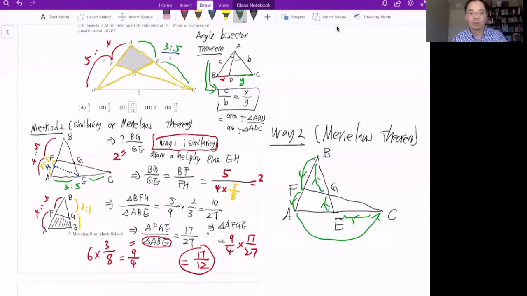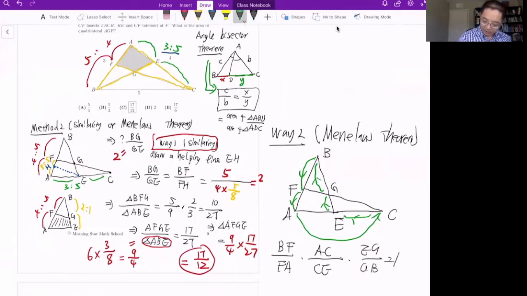And the product shall be 1. So what you should have is BF over FA, times AC over CE, times EG over GB, equals 1. So this is the Menelaus Theorem.